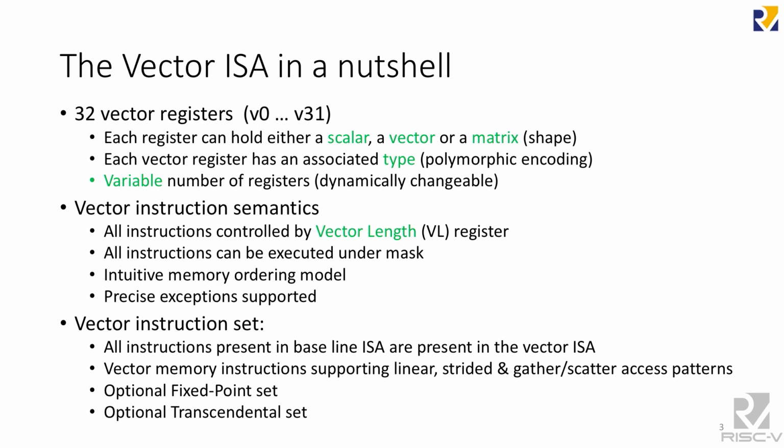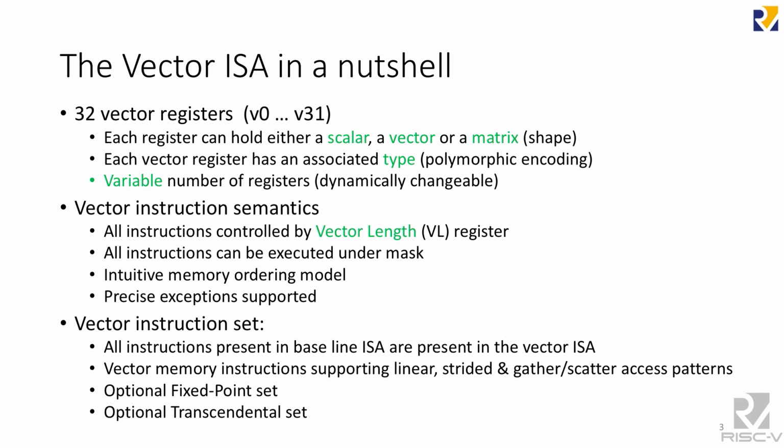Now, a thing I really like about this new ISA, and credit here goes to Christy, is the fact that every register has an associated type, and we'll talk a lot about that and how that reduces the ISA quite a bit. Also, you can have a variable number of registers. Maybe not everyone on their first VPU will do that, but that's something you can do, right?